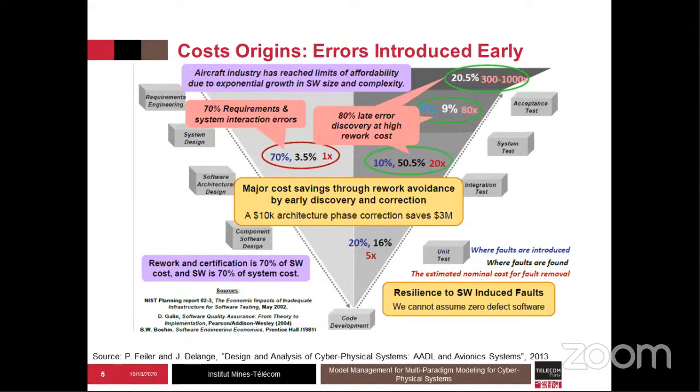You start with capturing your requirements, then you go into your system design, and then the software architecture and the components, and then on the right hand side, you build the system. So you start with implementing and testing it, up to the acceptance test. And people have found out that 70% of the errors are typically introduced at requirements and system design times, but they are only discovered very late, at the integration test and system test times.